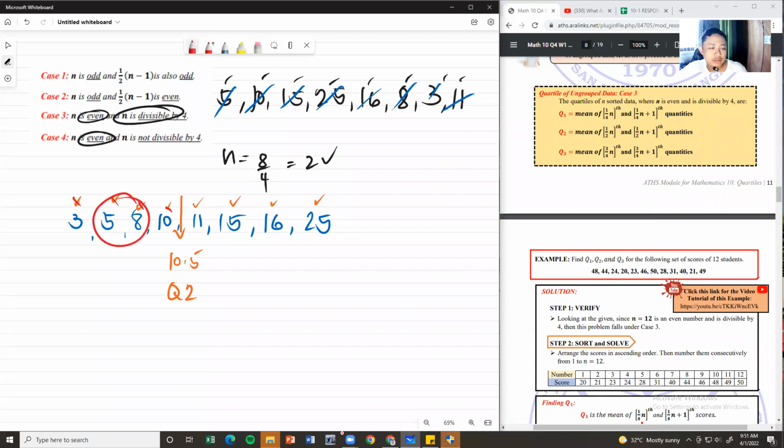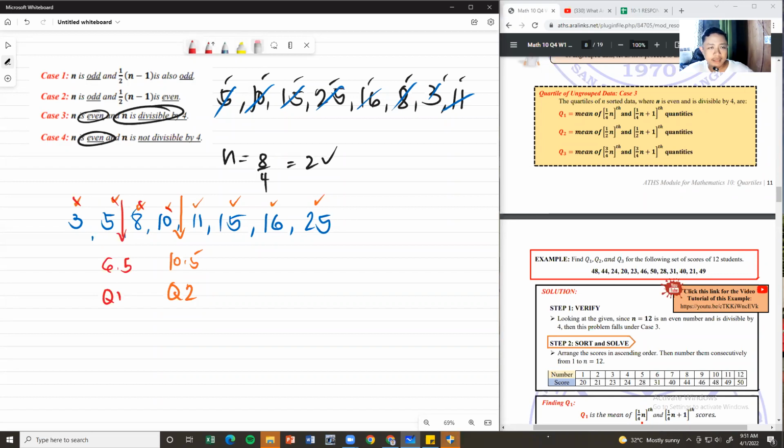Again, there is no middlemost term. So get the average of 5 and 8. 5 plus 8 is 13. 13 divided by 2 is 6.5. And that's our quartile 1. Show me a reaction if that's clear. Very good. Okay.